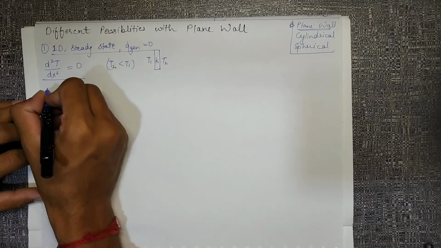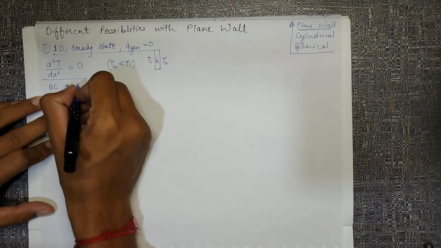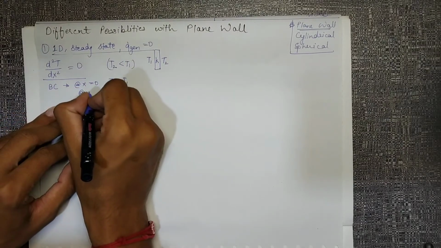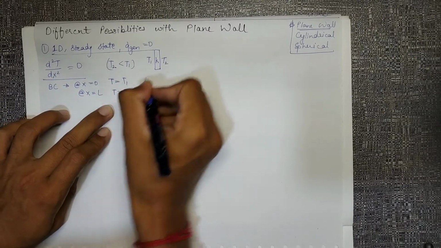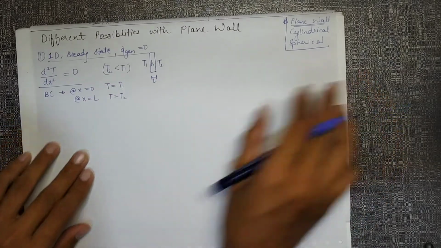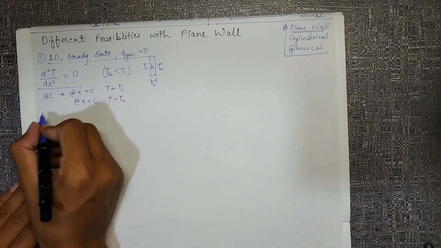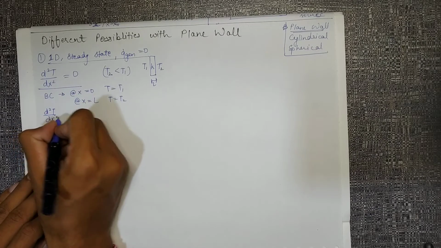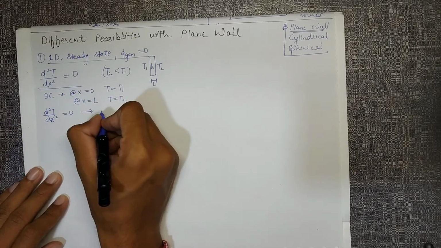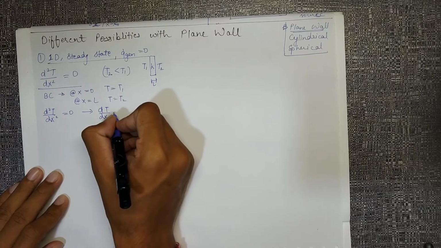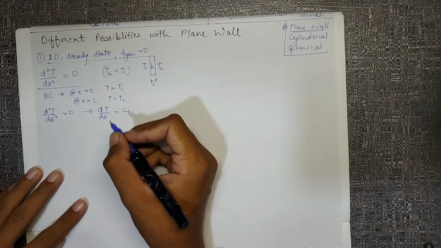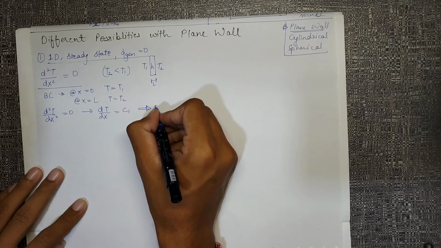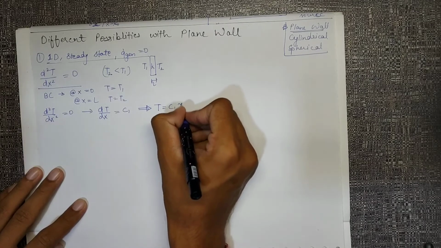With this, let the boundary conditions be given as: at x equal to 0, T is equal to T1, and at x equal to L, T is equal to T2. This is the thickness L, and let's use one of the boundary conditions first. d2T by dx square is equal to 0 means integrating this we get dT by dx is equal to some constant c1, and integrating again we get T is equal to c1 into x plus c2.